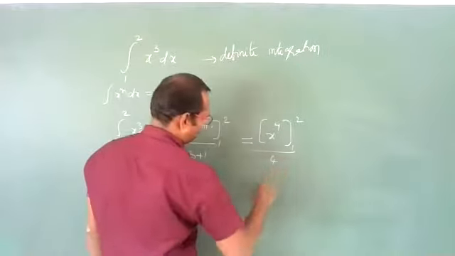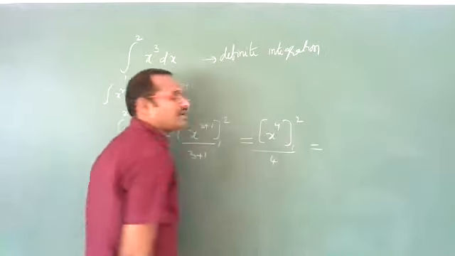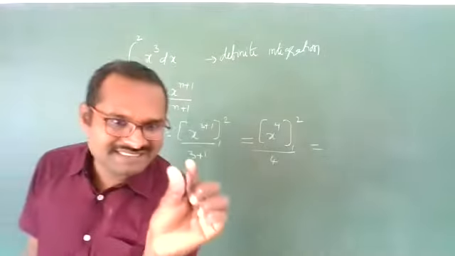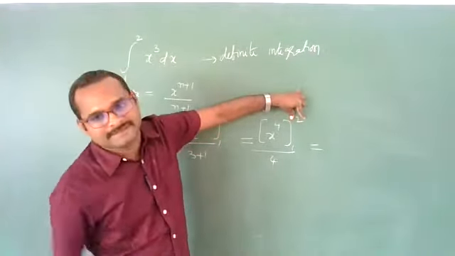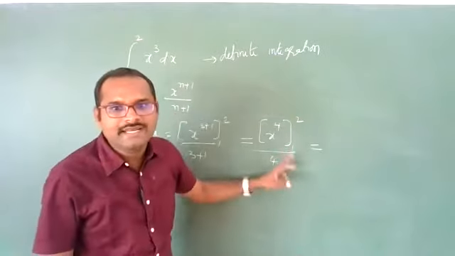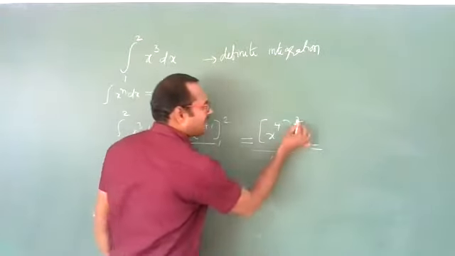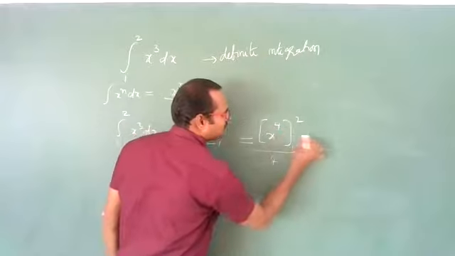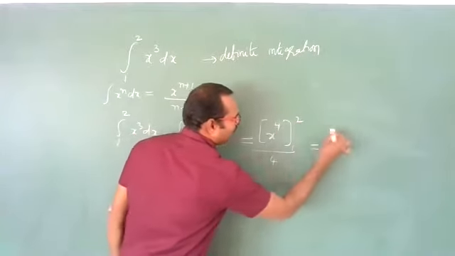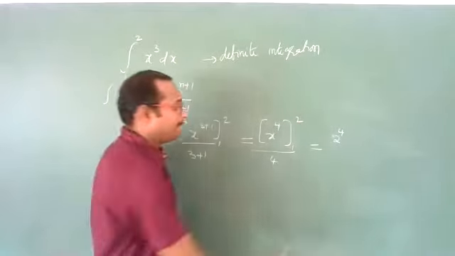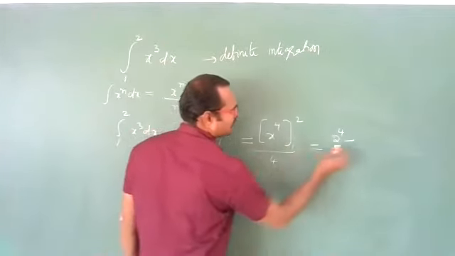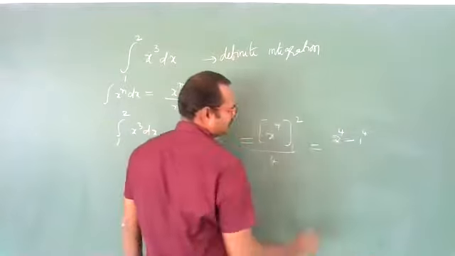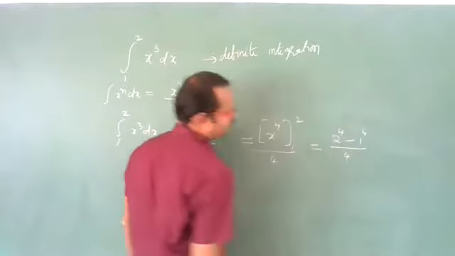Wherever x is there, first apply the upper limit: in place of x substitute 2, 2 power 4, minus the lower limit, in place of x substitute 1, 1 power 4, all divided by 4.